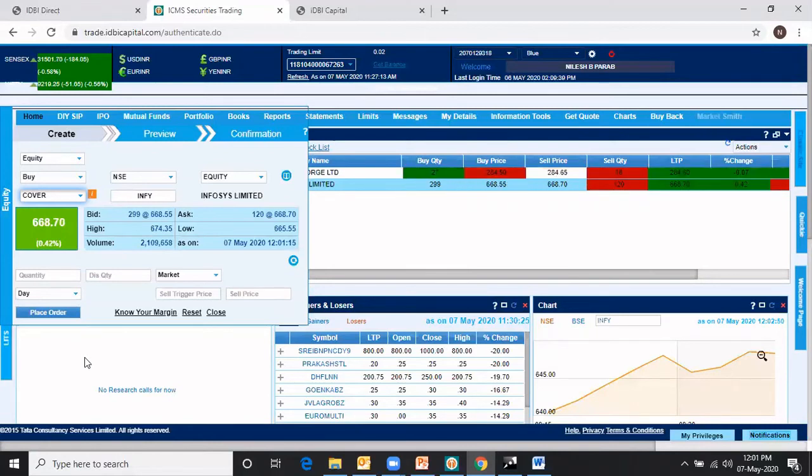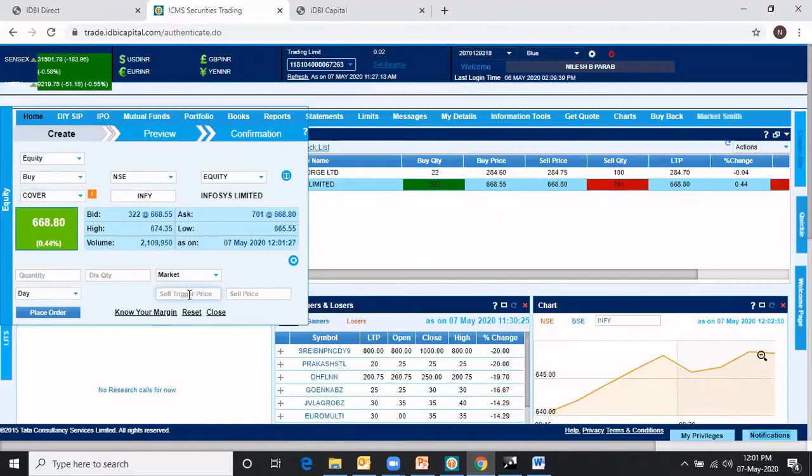So you should be very clear about that. Here you can place the stop loss price, that means the trigger price, and it will get executed. Okay, so this is the cover order.